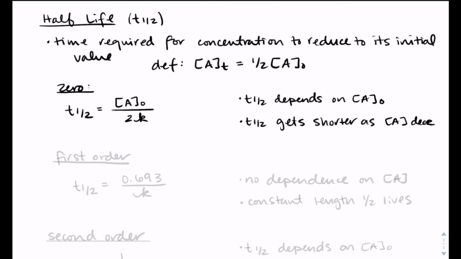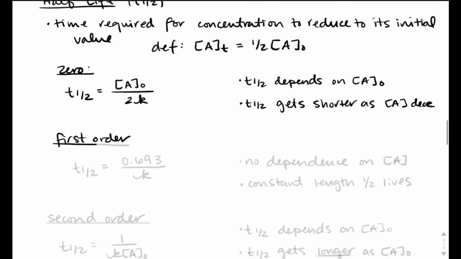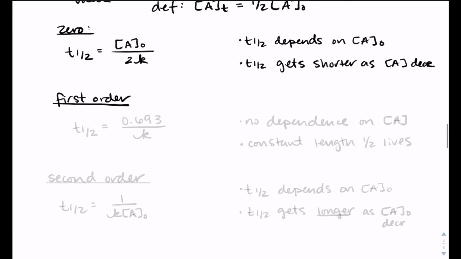This reaction is just going at a specific rate. There's no change to the rate of the reaction as the concentration changes. So the amount of time that it takes will depend on the concentration that you start with. So if you start with 1 molar and it goes at some constant rate, that time to get to 0.5 molar, it just depends on the fact that it was 1 molar to begin with.